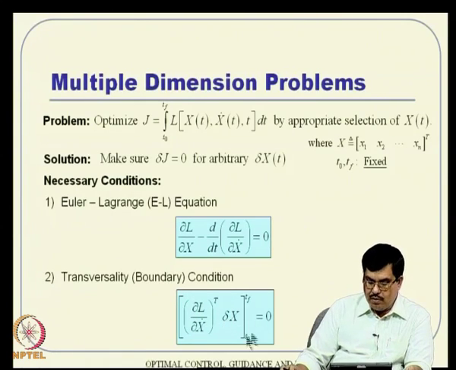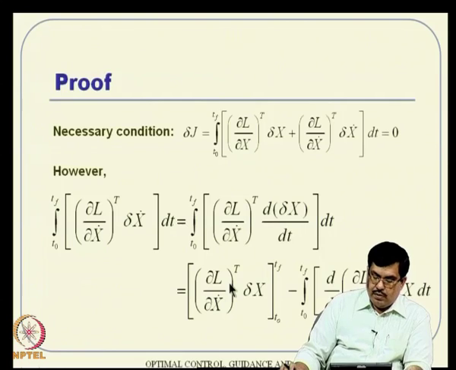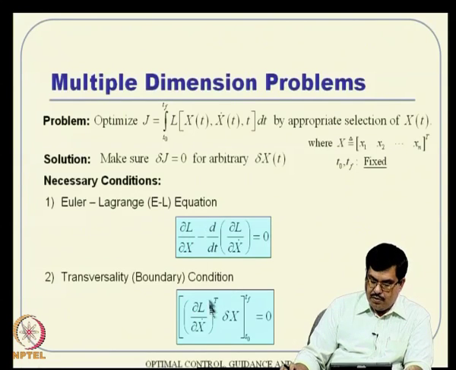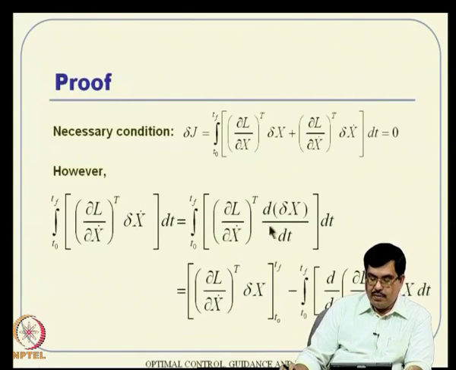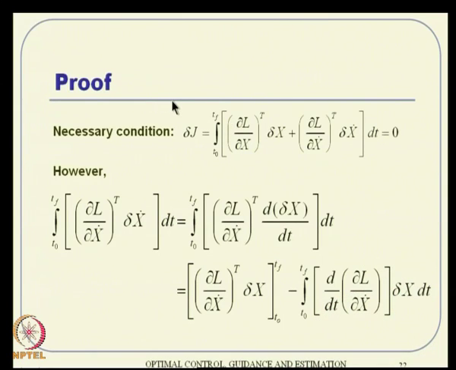So what you are talking about here is very close to what we have done in the scalar problem, but not exactly one to one. The derivation proof of this condition will also be very close, but just be careful about your algebra, because vector matrix algebra is not very similar to scalar algebra, that is the only thing.